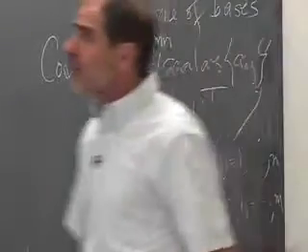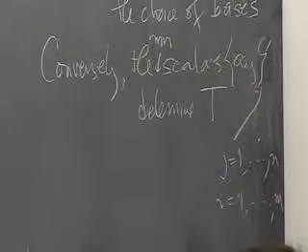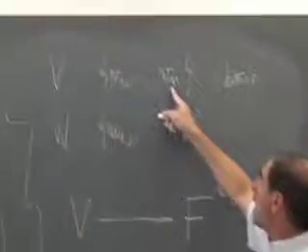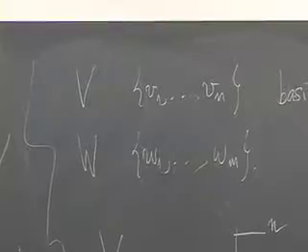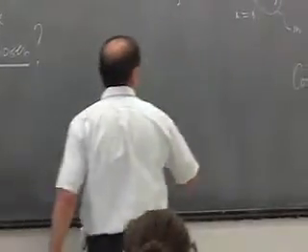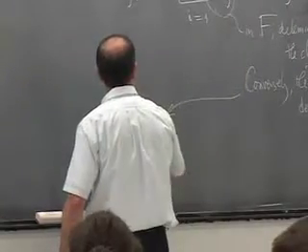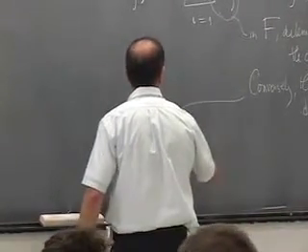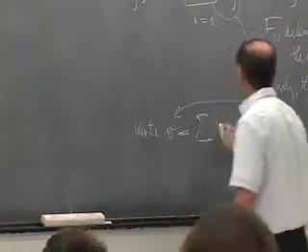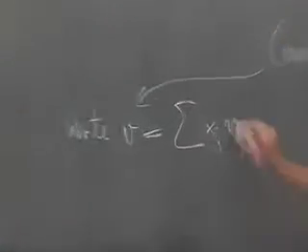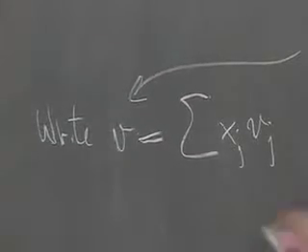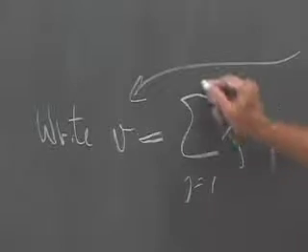Why? Because if I want to know what T does to any vector v, I write v as a linear combination of the vj. I know what T of vj is, so I know what T of anything is. V is equal to the summation of xj vj, j equal 1 to n.